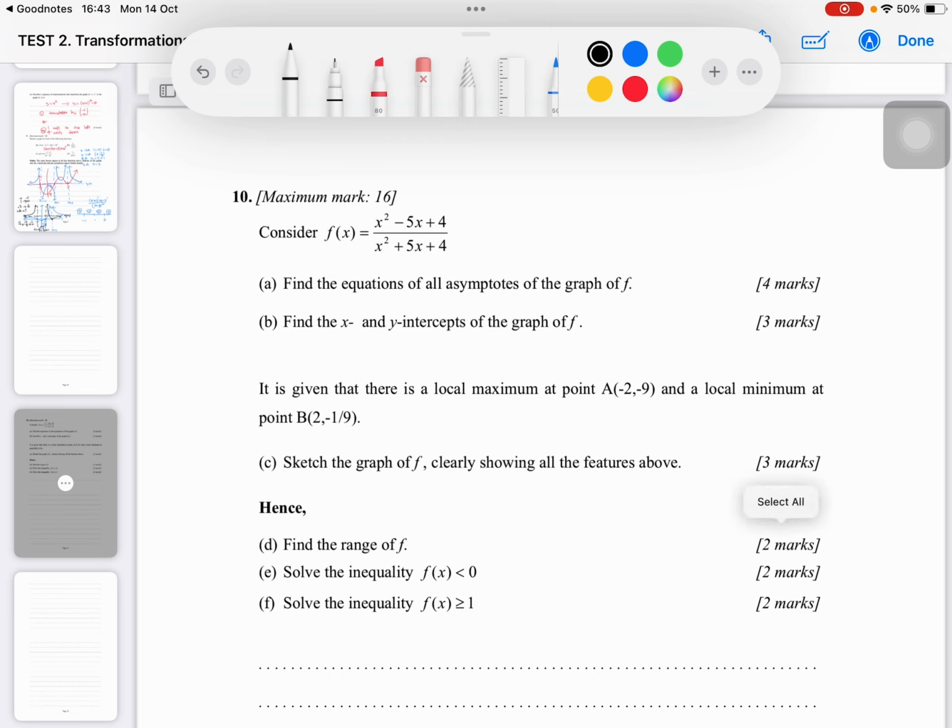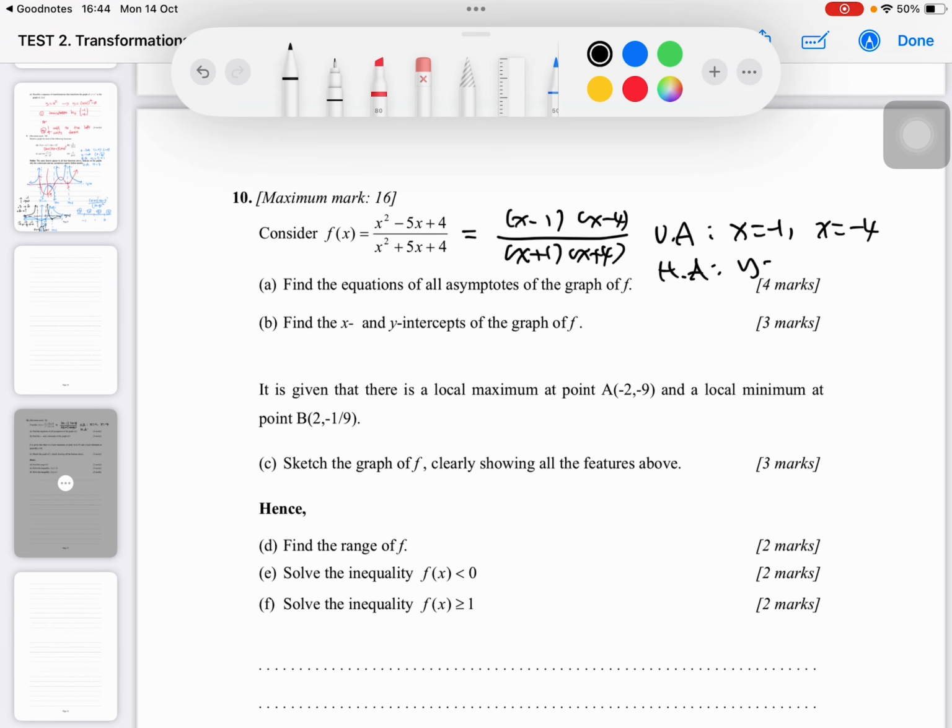Now we have asymptotes. X minus 1, x minus 4, x plus 1, x plus 4. So vertical asymptotes, x equals negative 1 and x equals negative 4, as equations. Horizontal asymptote is y equals 1 because x squared over x squared. Intercepts: x-intercepts 1, 0 and 4, 0, y-intercept 0, 1.